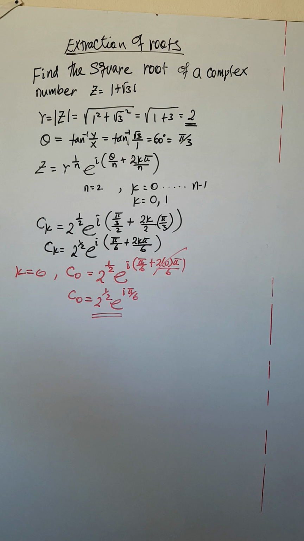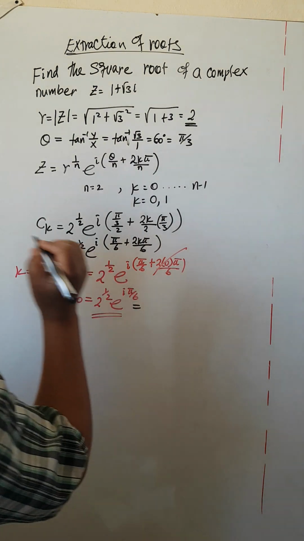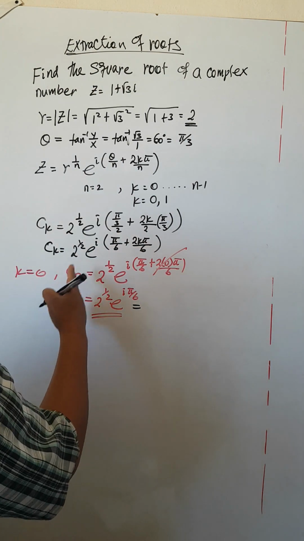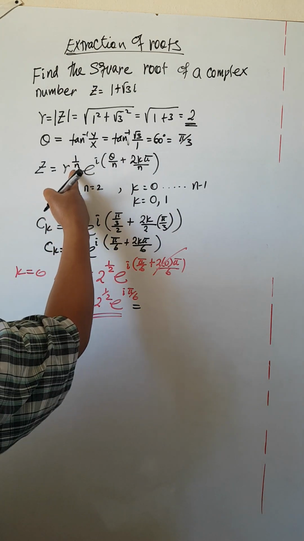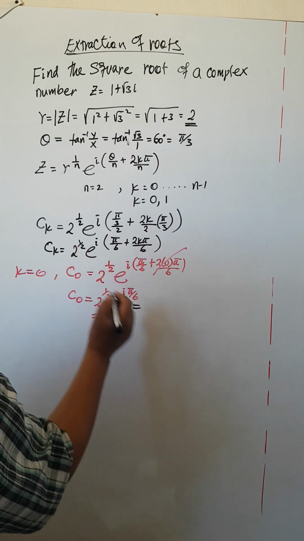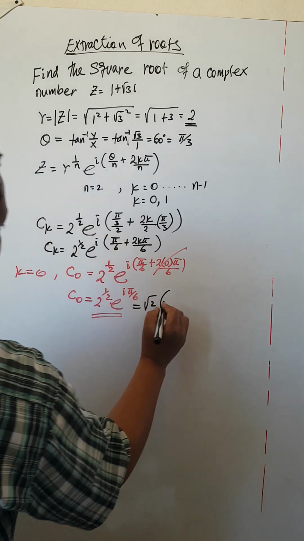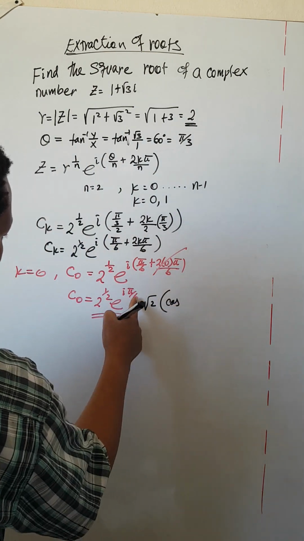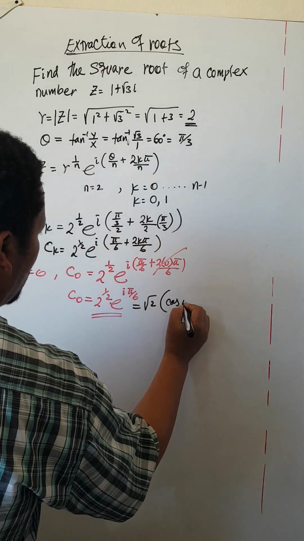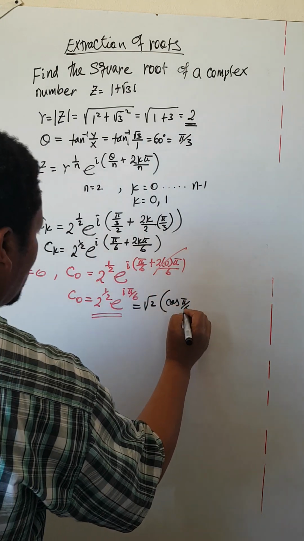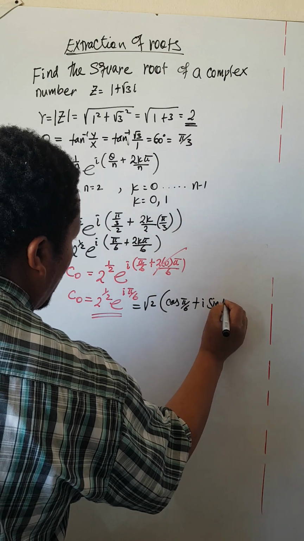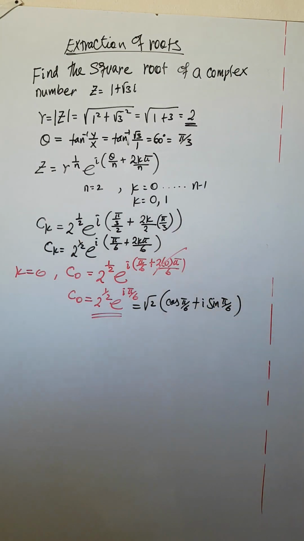Once we have the first root, we can change this to polar form. Here, 2 to the power of 1 over 2 is square root of 2, times cos pi over 6 plus i sine pi over 6.